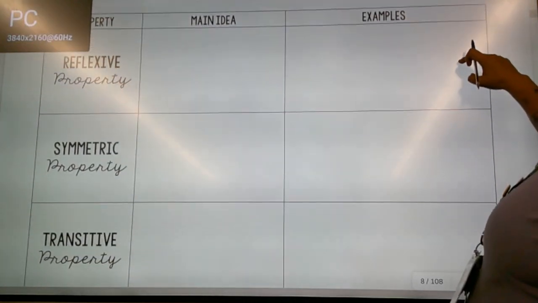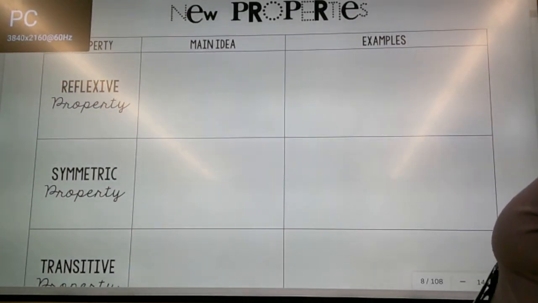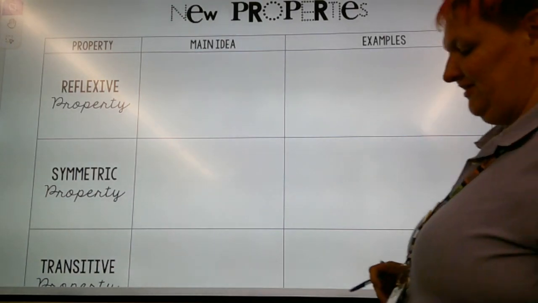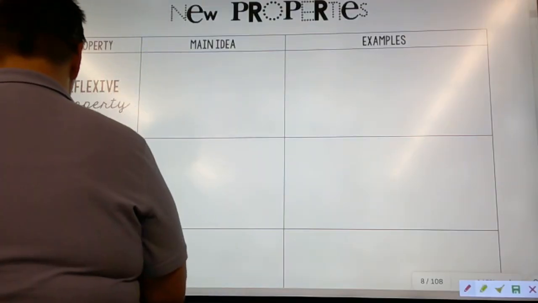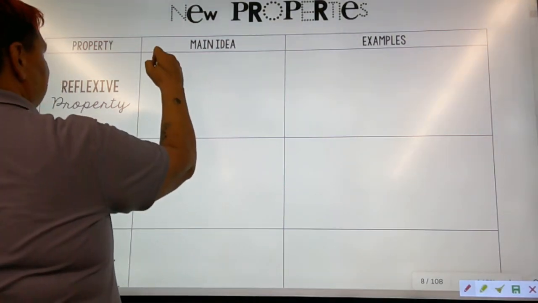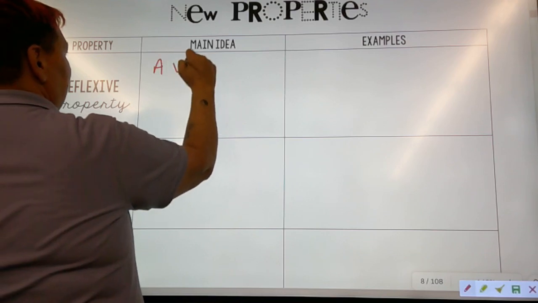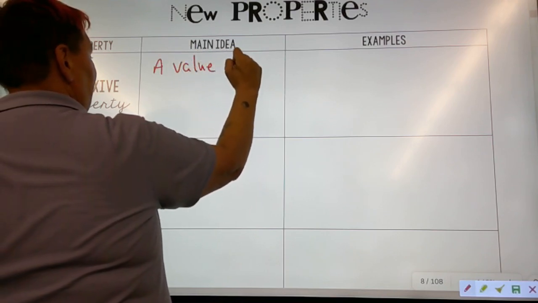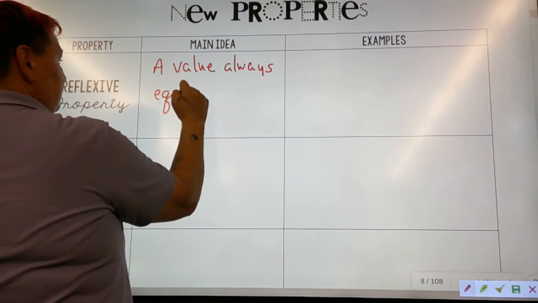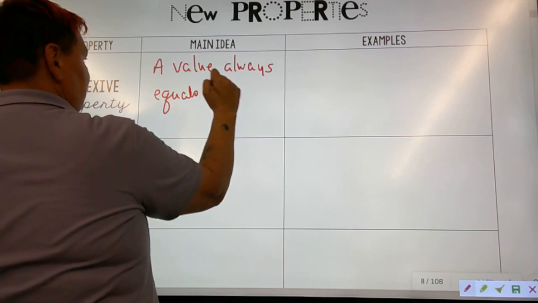A couple of new properties that you may have never heard of before. Reflexive property says a value always equals itself.